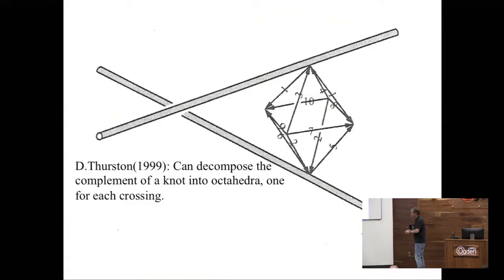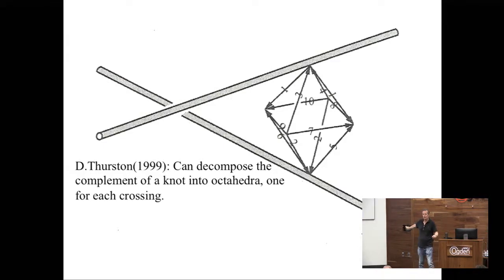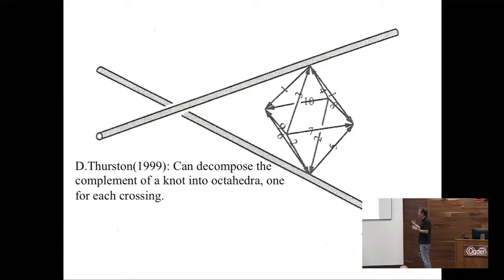Okay, so I mentioned Bill Thurston proved that big theorem. This is actually a result of Dylan Thurston, who happens to be the son of Bill Thurston. And Dylan Thurston showed that if you have a knot and you want to decompose the complement, you can decompose the complement into octahedra, one for each crossing. So here you see a crossing here, and you see this octahedron that I've drawn right here.